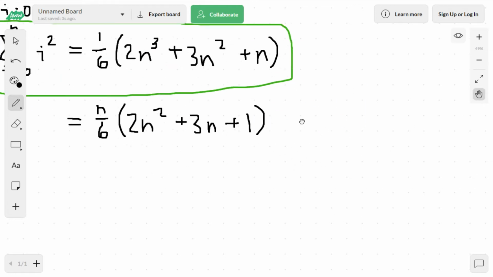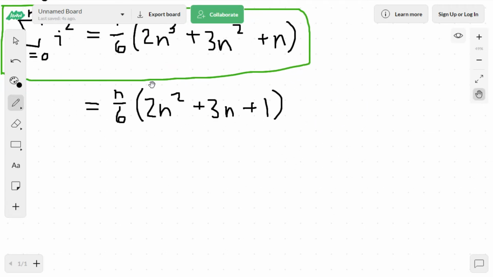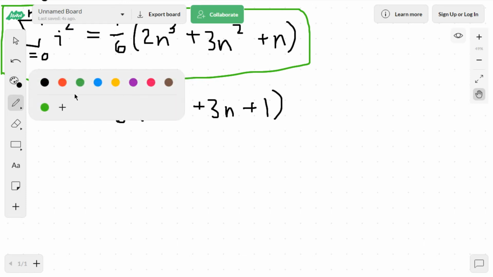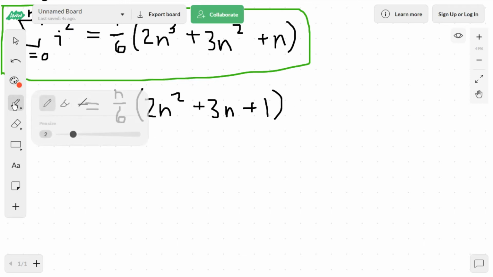And then there's a variety of ways that we could factor this thing. I'm going to go with a very traditional method. So I'm just going to say, let's find numbers that have a product of 2, a sum of 3, and the integers we get from that.